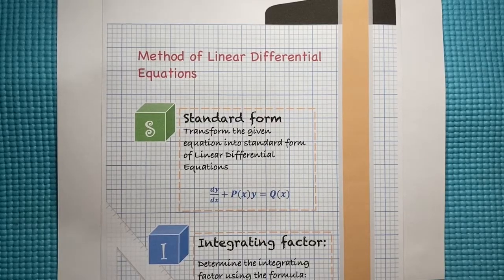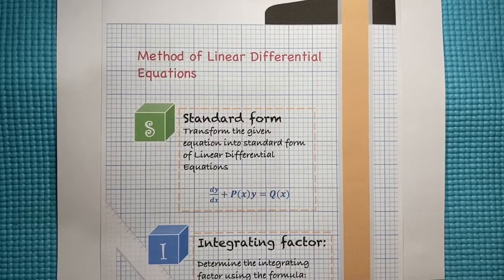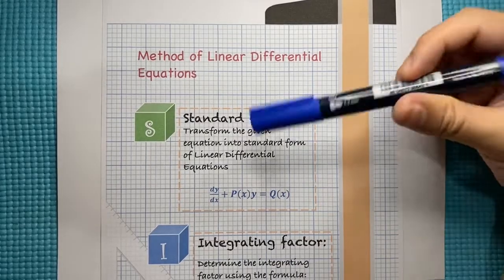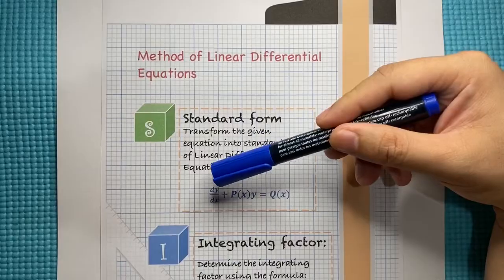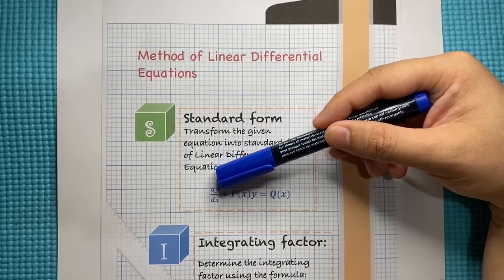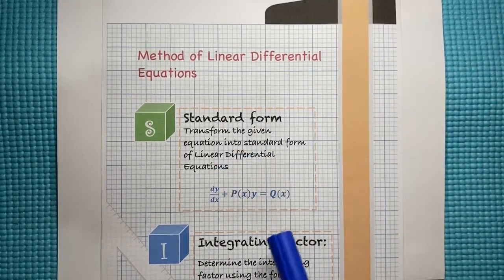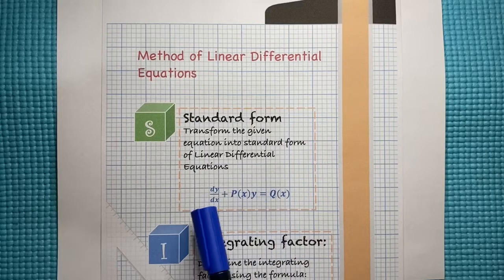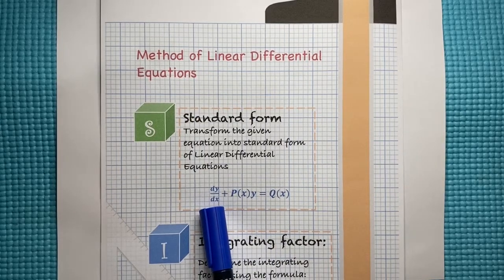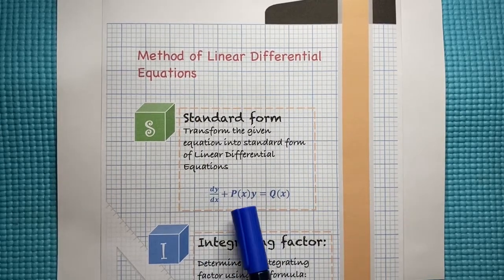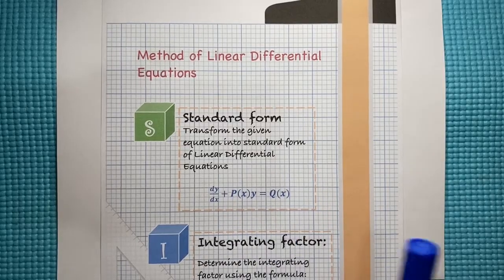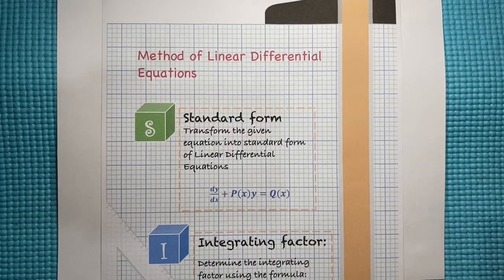If it is linear in y, we make sure that our differential is dy over dx. But if it is linear in x, this should be dx over dy, and vice versa, this would be p of y and that would be q of y.